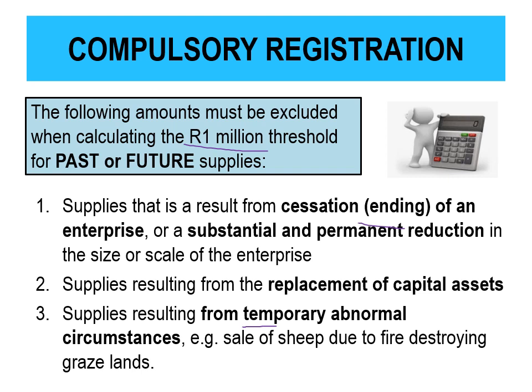For example, if you are a farmer and a fire destroyed your grazing lands and now you have to sell sheep, or if you think about the floods in KZN, for whatever reason, temporary abnormal circumstances like the floods, somebody has to now dispose of a number of assets which increases their turnover, but it's not a regular thing, we will also exclude that from our 1 million rand threshold calculation.